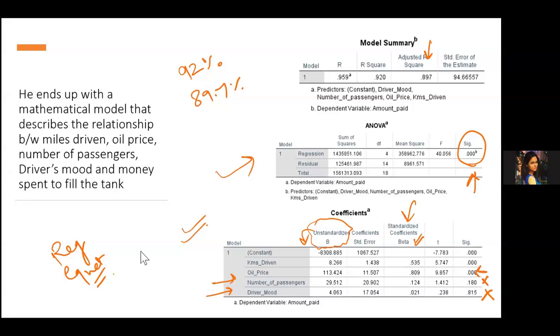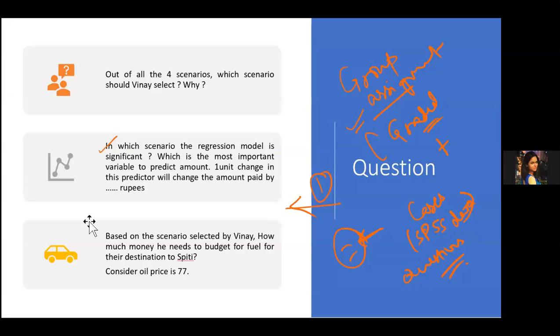You have to check whether it is significant, and then check which is the most important variable. Oil price is the most important variable when we are finding this amount to be paid. So which is the most important variable, and 1 unit change in the predictor will change the amount paid by how many rupees? Let me show this equation.